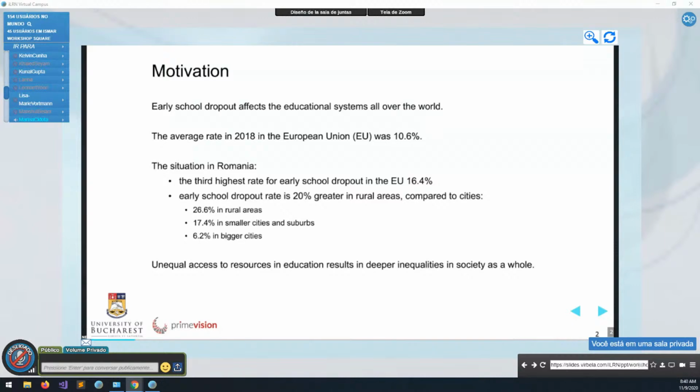So there are not enough teachers to teach the pupils in these areas. The qualified human resource is scarce. And to use only technology to teach pupils during their primary schools is not a solution. So it's not a solution to leave a child alone with a tablet and get good results in education.